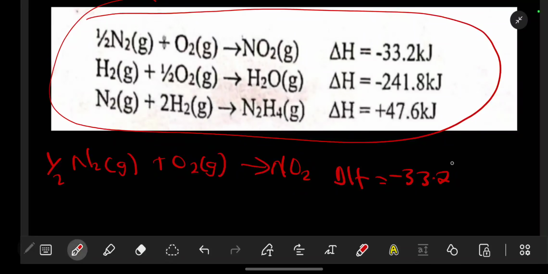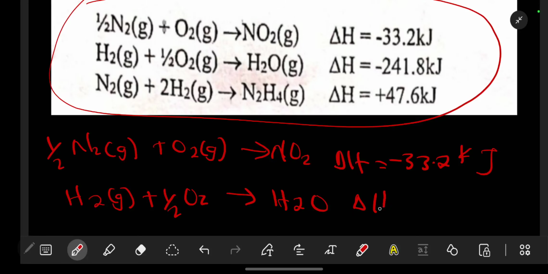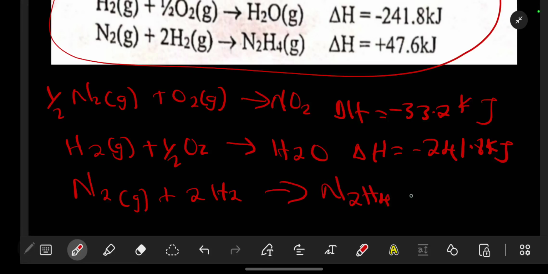Then this other one, we have our H2, a gas, plus half of O2 to produce H2O, which the change in enthalpy is equal to negative 241.8 kilojoules. We have our N2, a gas, plus our 2H2 to produce N2H4. The change in enthalpy is equal to 47 kilojoules.